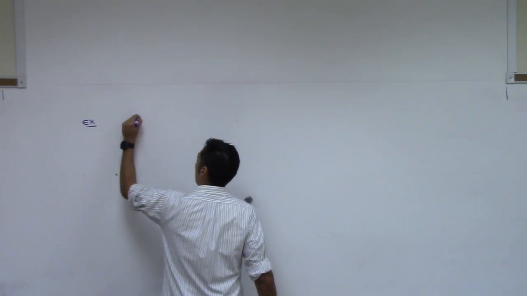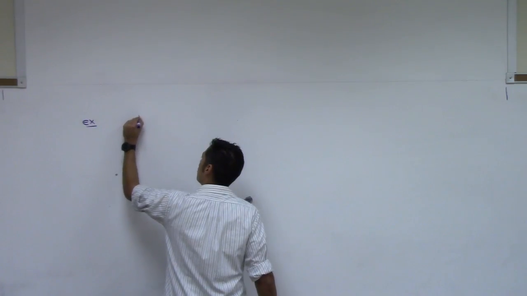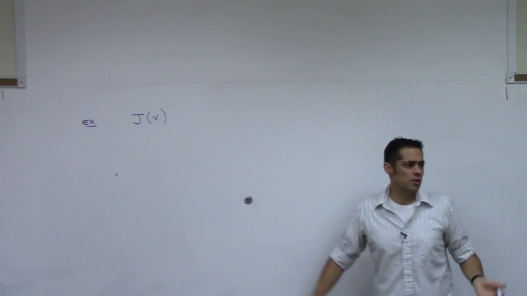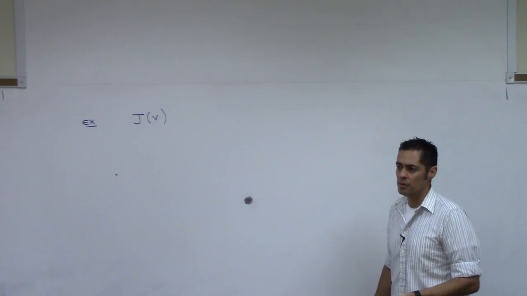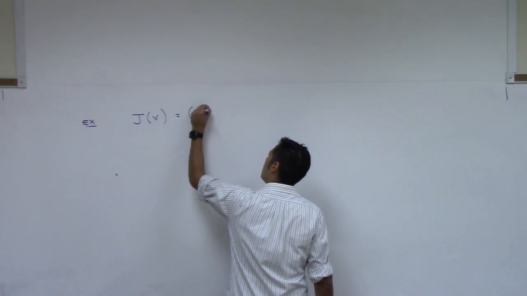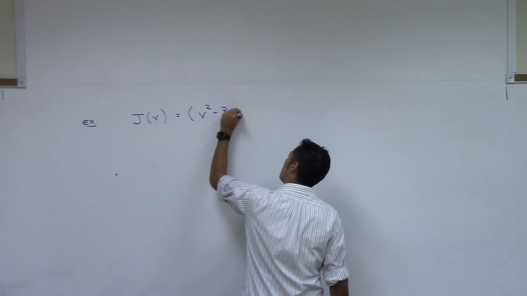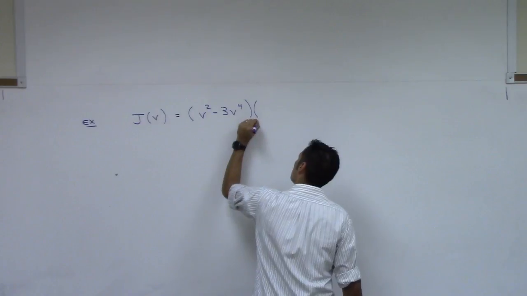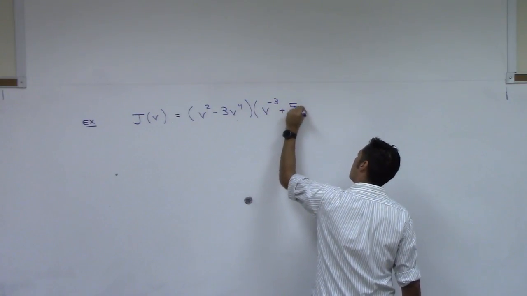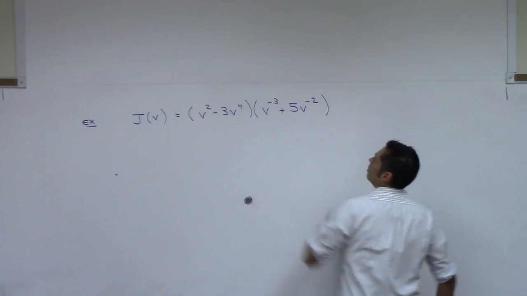How about this one? Okay. How about this? I'm just using different letters here. J of v, okay? So it's a function j, the independent variable is v, and it's going to be v squared minus 3v to the fourth times v to the negative 3 plus 5v to the negative 2.